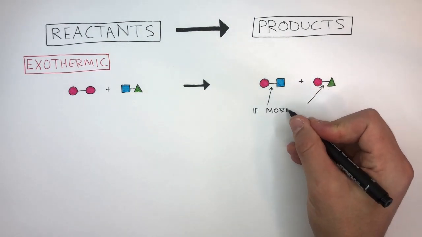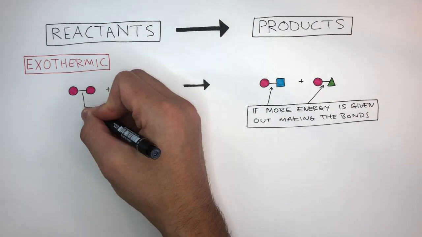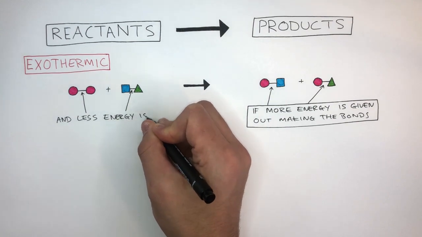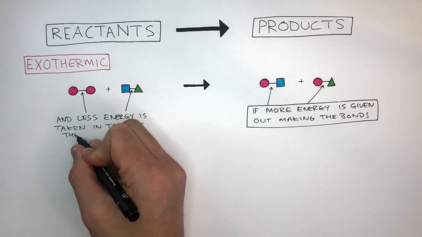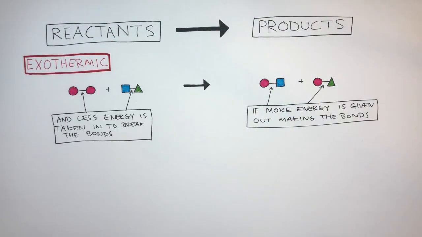Well, if more energy is given out when making the bonds, and less energy is taken in when breaking the bonds, then the reaction will be exothermic, as overall more heat energy is released compared to what was taken in. Therefore, the temperature of the surroundings will increase, making it an exothermic reaction.